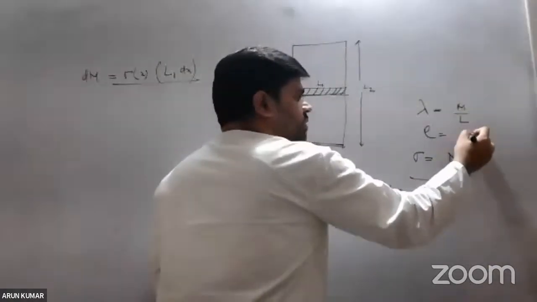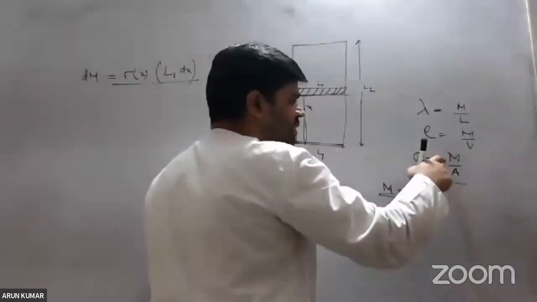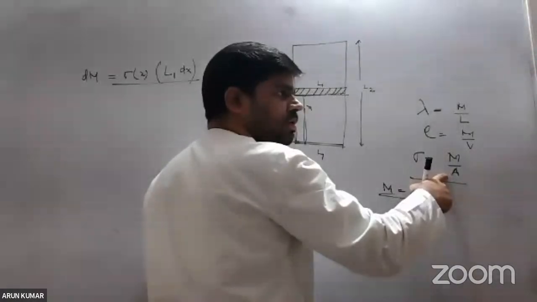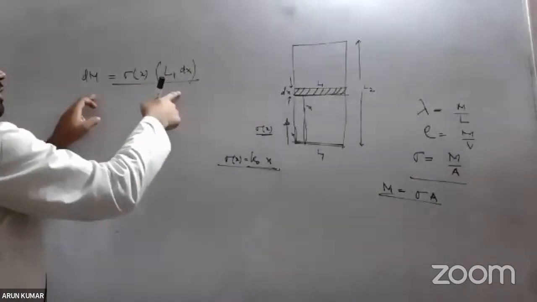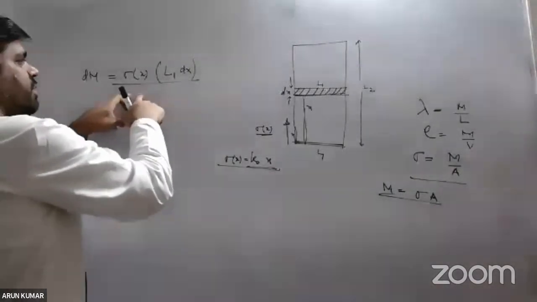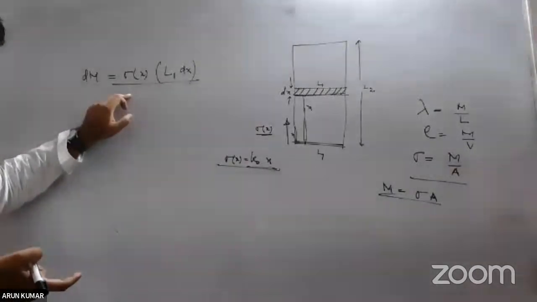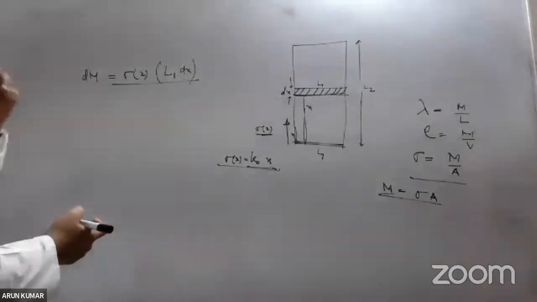Definition of rho is mass per unit volume. Mass per unit area ఉన్నప్పుడు mass is equal to sigma into area. Sigma is sigma of x into area. Area is L1 dx. Is it okay, Bhavna? హाँ, sir. Okay.